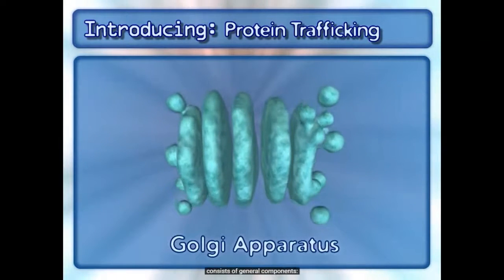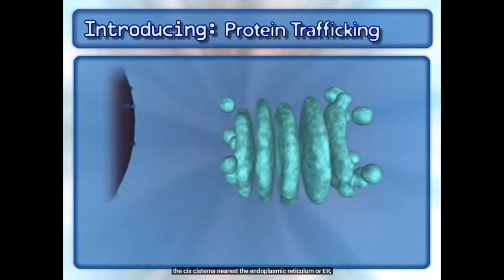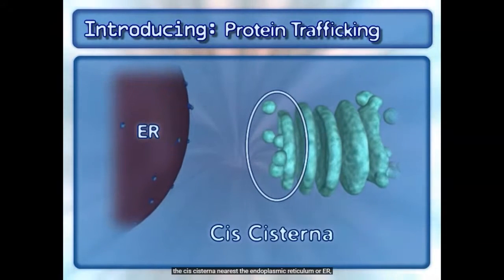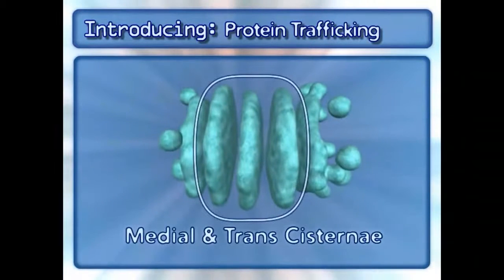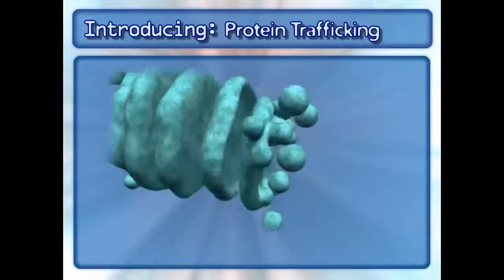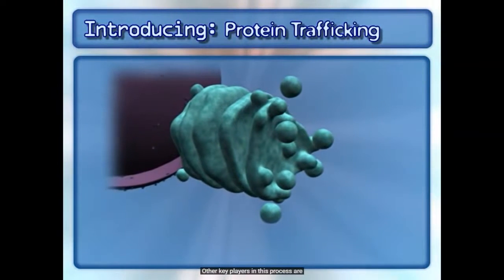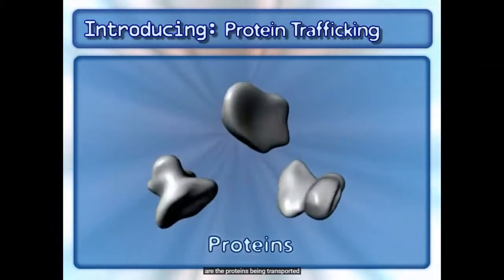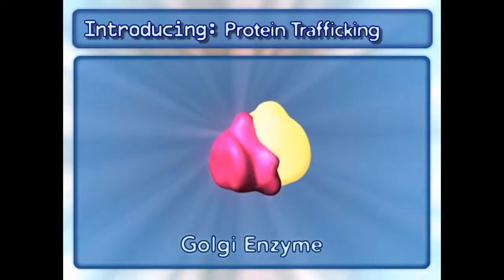The Golgi apparatus consists of general components. The cisterna nearest the endoplasmic reticulum, or ER, medial and trans cisternae, the trans-Golgi network. Other key players in this process are the proteins being transported and the enzymes that modify them.